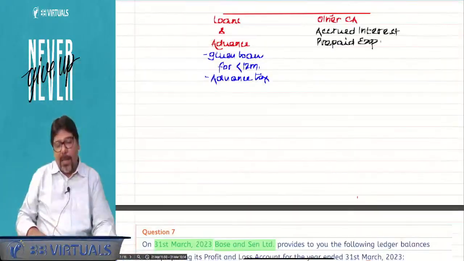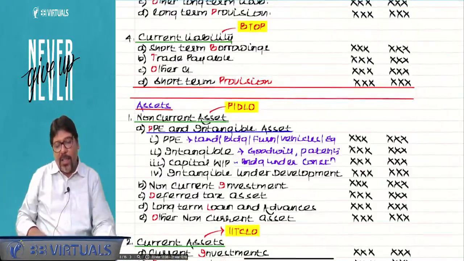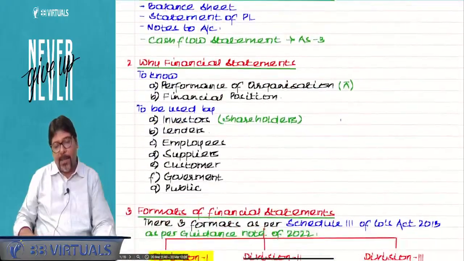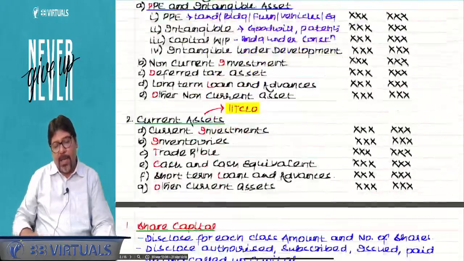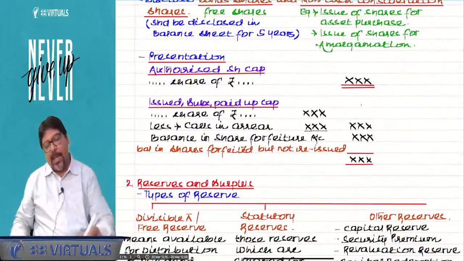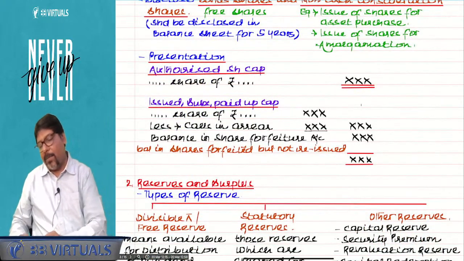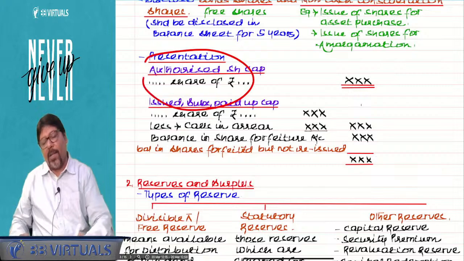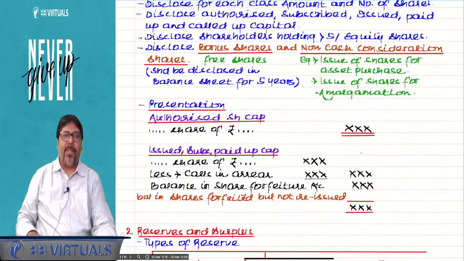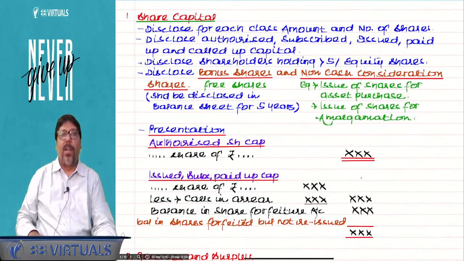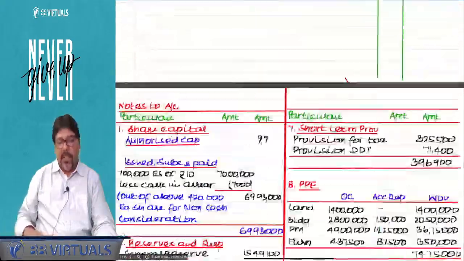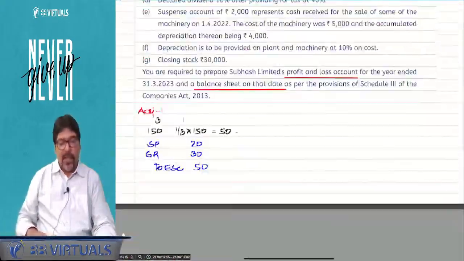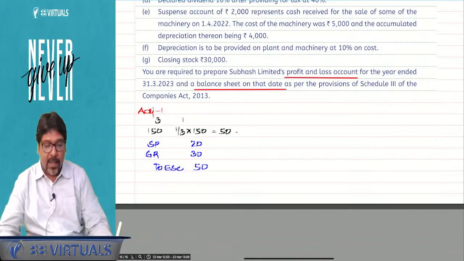You remember the share capital notes? Authorized share capital you are supposed to disclose. In the share capital notes we had written it. Everything is there in the notes.